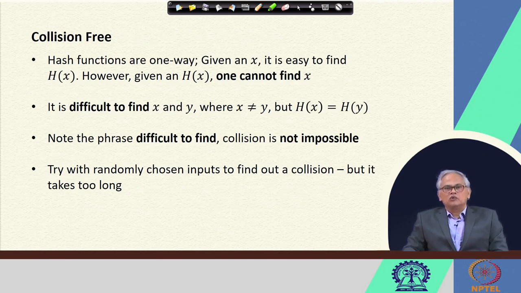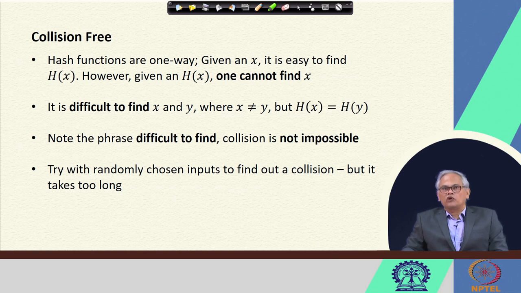Now, we mentioned the collision free property. These hash functions are one way functions, meaning that given x, it is very easy to find h of x, as we said it should be efficiently computable. So, h of x can be obtained very efficiently from x. However, given any h of x and not knowing x, we cannot determine x.